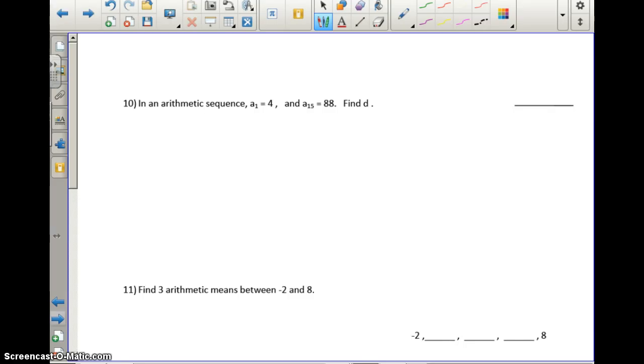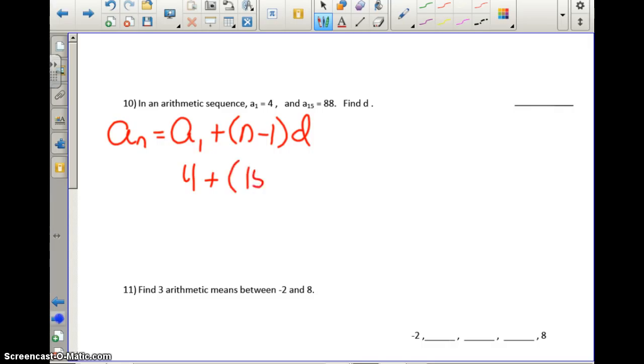Number 10. This is an arithmetic sequence. I'm telling you that. And so if I'm looking for the common difference, I have to use that formula that you have to have memorized. And I'm going to plug in. My first term is 4. I'm using 15 terms. I'm solving for d. And I know the 15th term is 88.